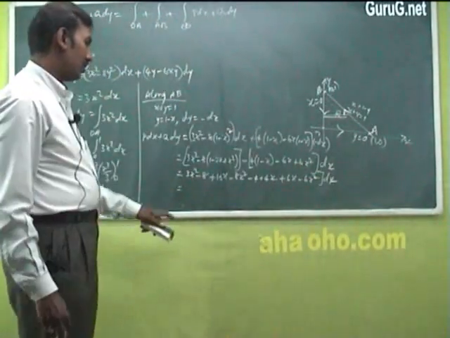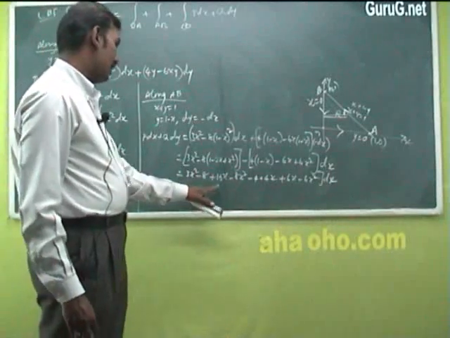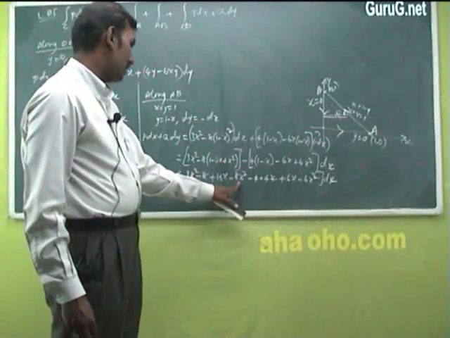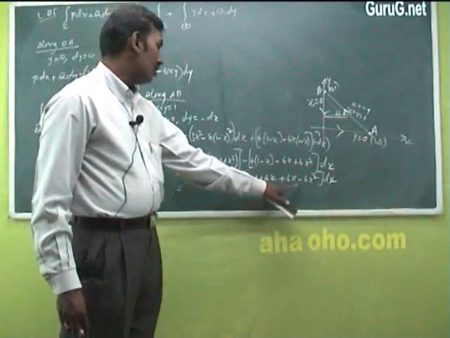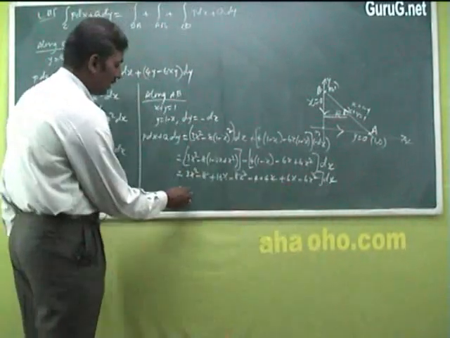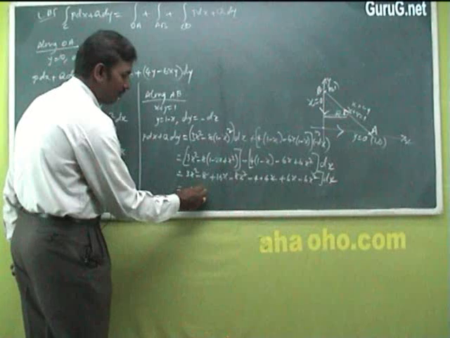Simplify it. So 3x squared minus 8x squared, so minus 5x squared. So here minus 6x squared, so minus 11x squared.